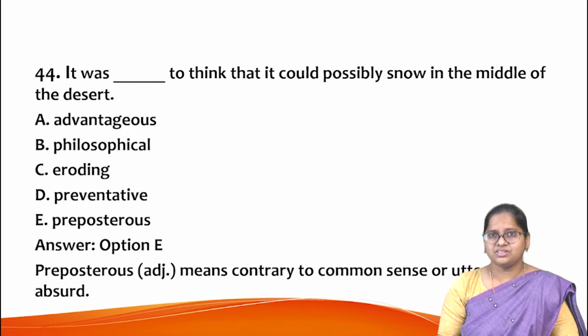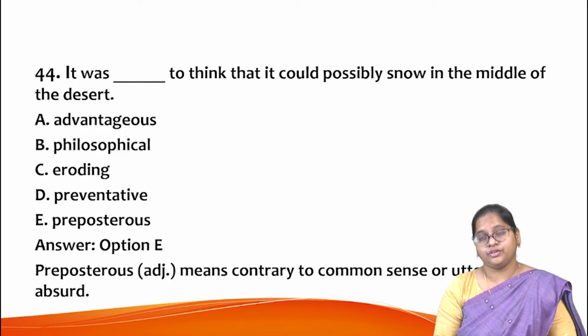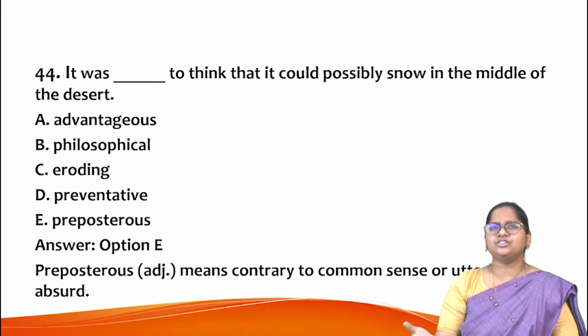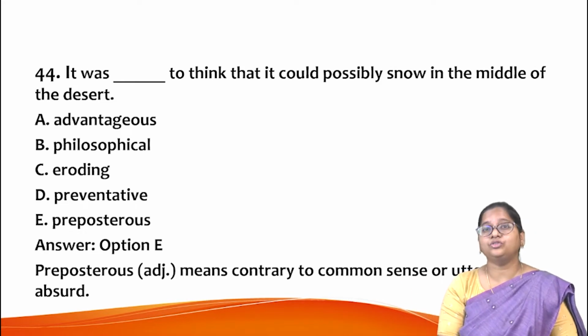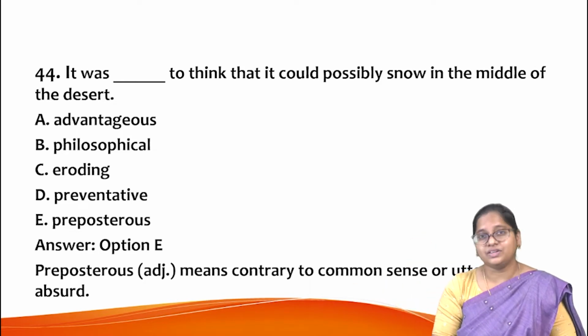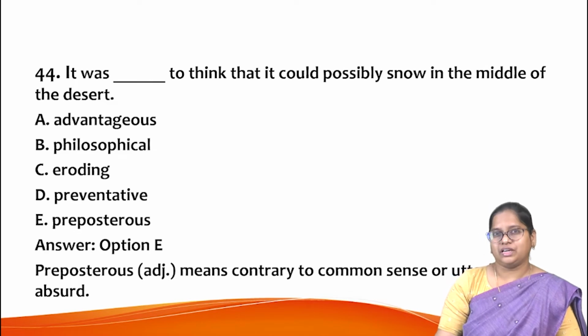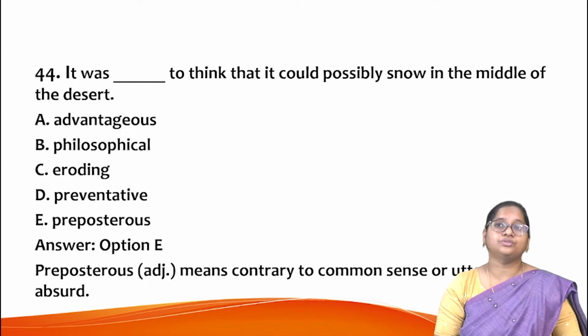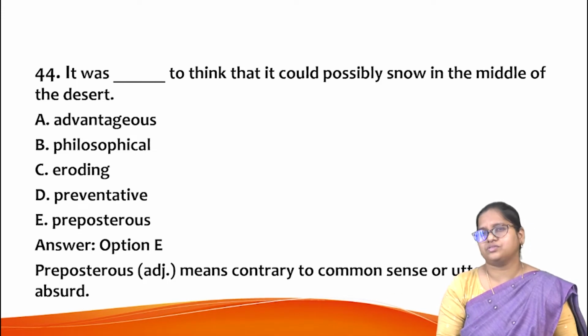Advantageous: is it to her advantage? Thinking that it could possibly snow where there is no rainfall and no vegetation is not about any advantage. Philosophical: there is no philosophy involved.